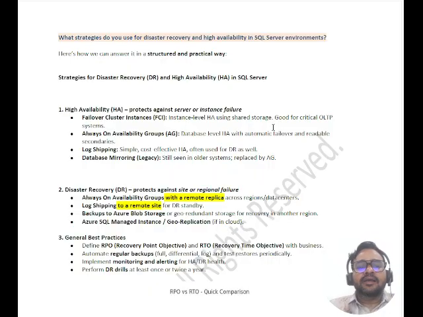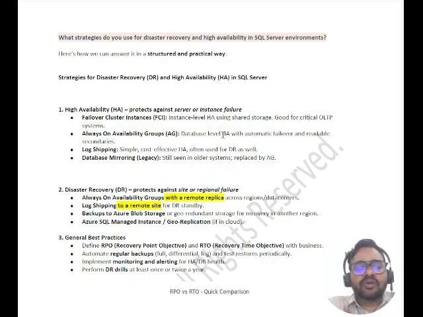There is OLTP and OLAP; OLAP is analytical, where we store the complete data for analytics purposes, but OLTP is real-time transactions happening. So this is the failover cluster, one strategy, and second is Always On availability groups, which protect at the database level. We can group the databases and configure automatic failover and readable secondaries as well.